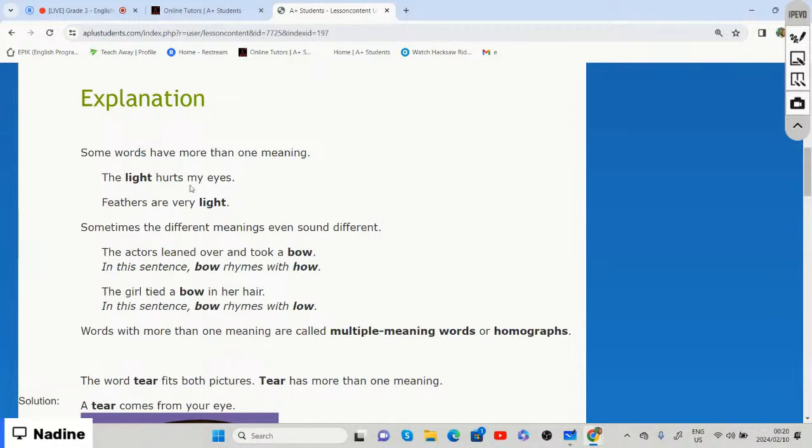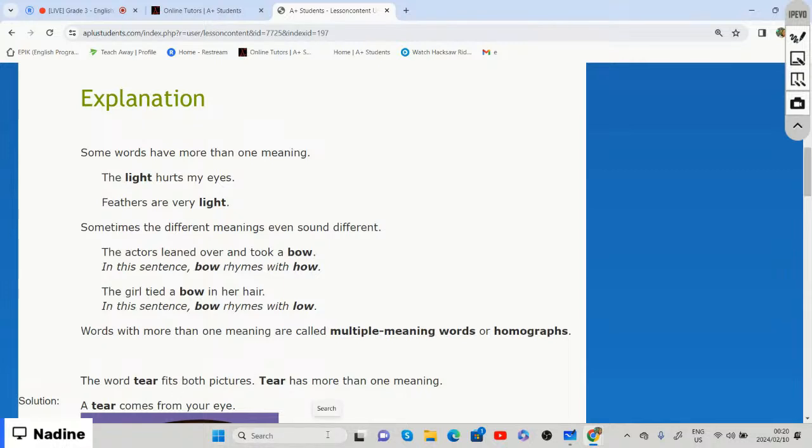And then we also have a case where the different meanings even sound different, like bow and bow. So as much as it's spelled the same, like BOW, the sound is different as well as the meaning.